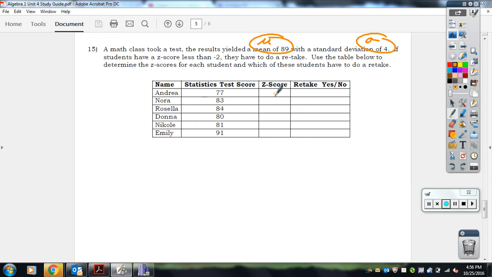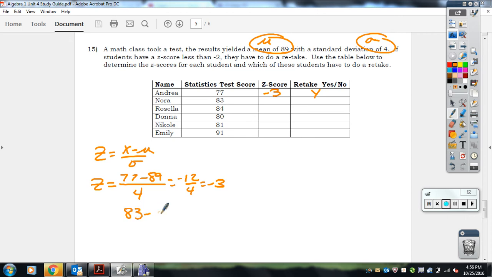So let's see the z-score for each of them. Z-score equals x minus mu all over sigma. The z-score equals x, which is the element. In this case, it was a 77 for Andrea, minus the mean, which is an 89, over the standard deviation, which is 4. This is a -12 over 4, which is a -3. -3, yes, a retake.